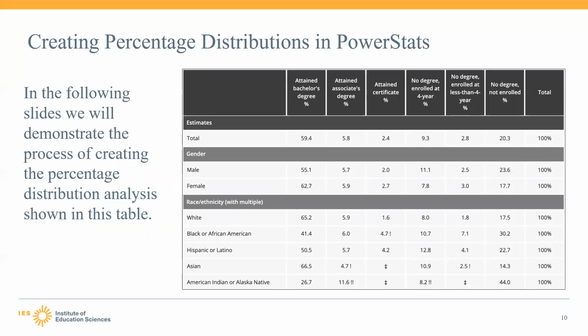Now I'll show you how to create a percentage distribution analysis. We're going to perform the analysis that we see in this table. This example analysis uses the BPS 1217 data to look at the 6-year attainment and retention rates of beginning postsecondary students at public 4-year universities, disaggregated, or broken out, by their sex and race/ethnicity.